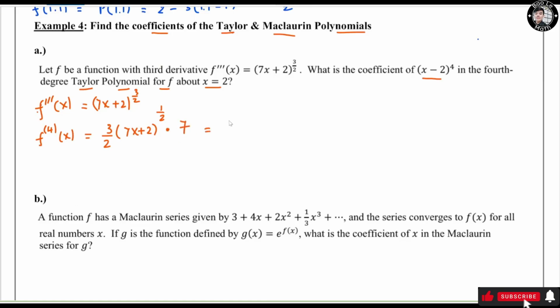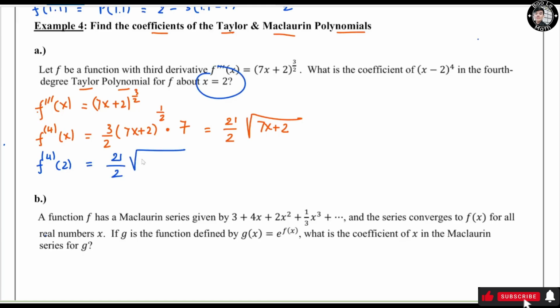So it's going to be 21 over 2 times the square root of 7x plus 2. We have f4 of 2, centered at 2, equals 21 over 2 square root of 7 times 2 plus 2. So 7 times 2 is 14 plus 2, 16. Square root of 16 equals 4, 4 divided by 2 is 2, 2 times 21 is 42.